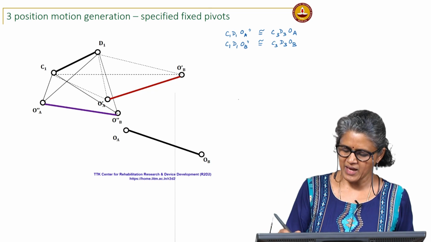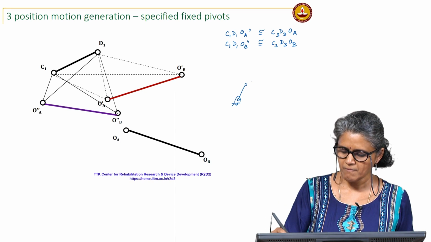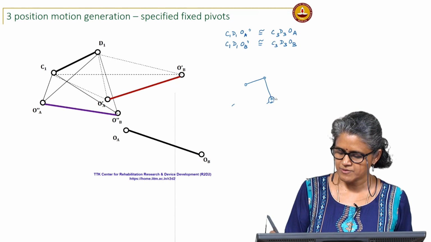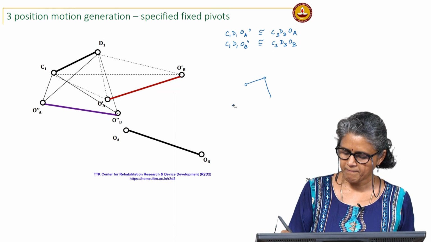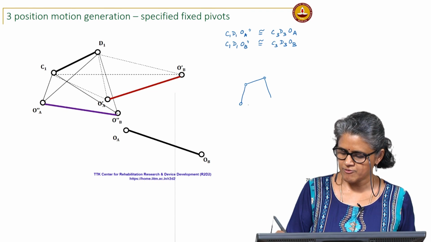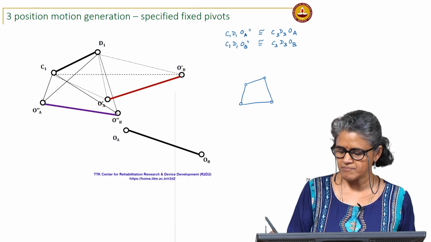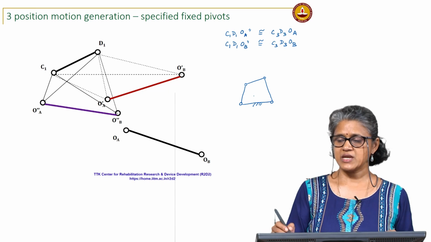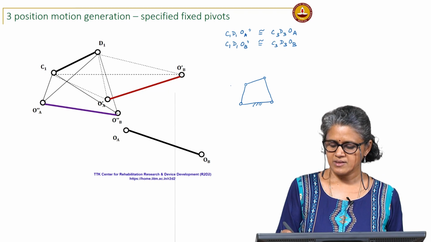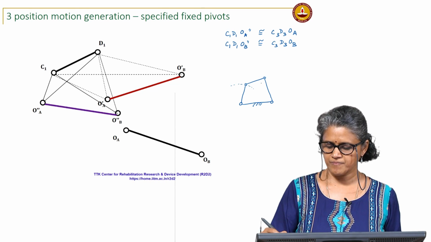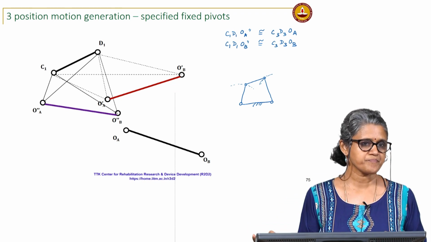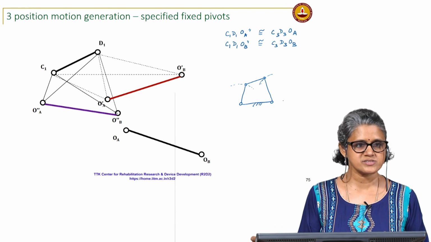Now, look at this, if I have a 4 bar chain, if I fix this with respect to this, this is going to move, these two pivots are going to move in circular arcs about these points.